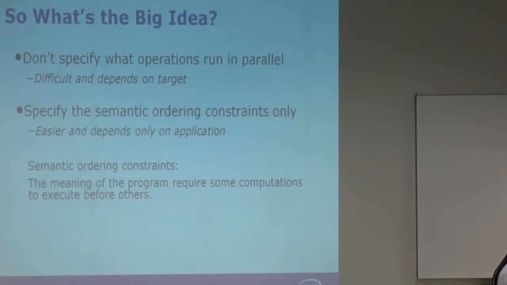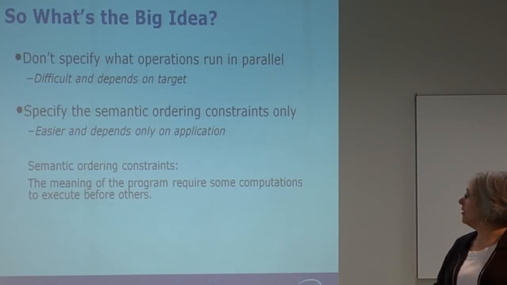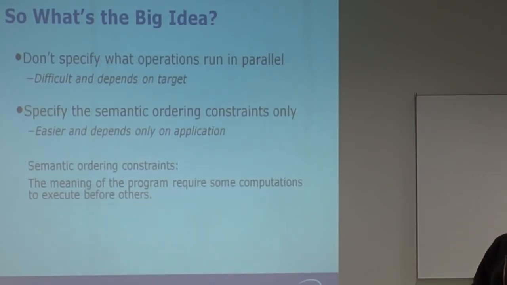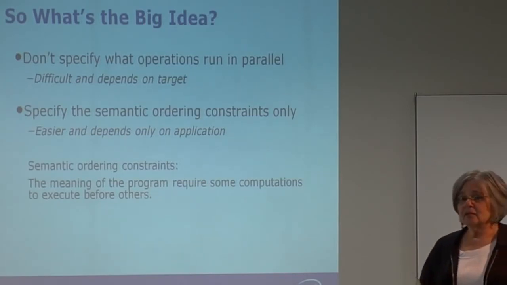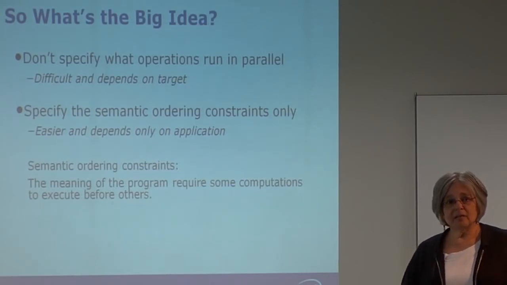In addition, instead of specifying what operations run in parallel, we'd like to specify just the semantic ordering constraints and nothing else. So these constraints are easier. You have to know them in order to write a correct serial program. And in addition, they apply to the application only.